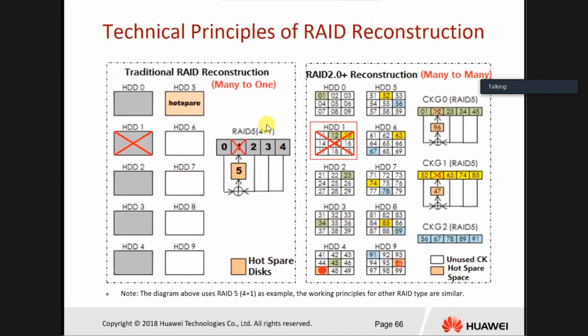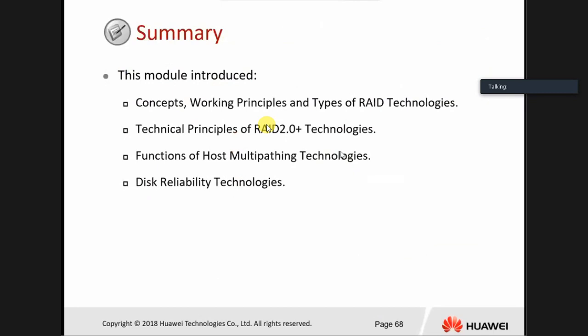So you still need to replace this hard disk after the hot spare space is used. If not, then it will not recreate a new hot spare space for you. So if there's no new hot spare space and anything happens to your data, it will not do reconstruction until it gets a new hot spare space. So basically, this will be all for RAID 2.0 plus.